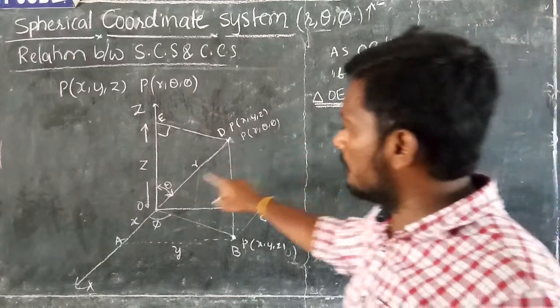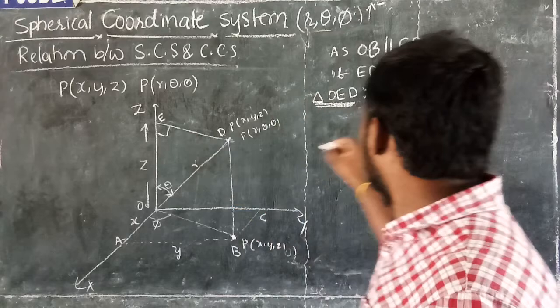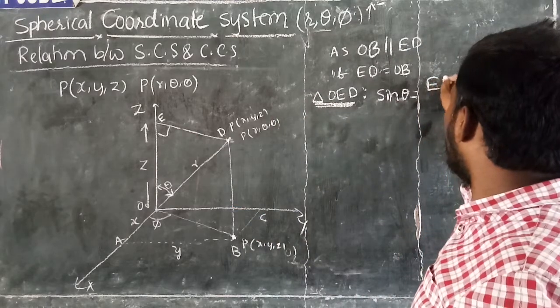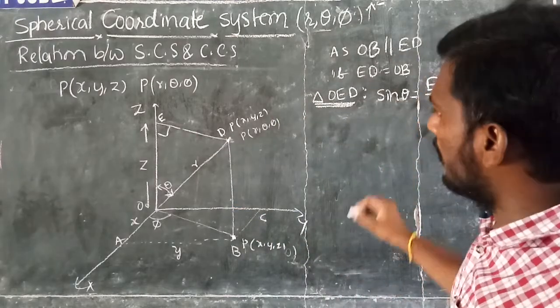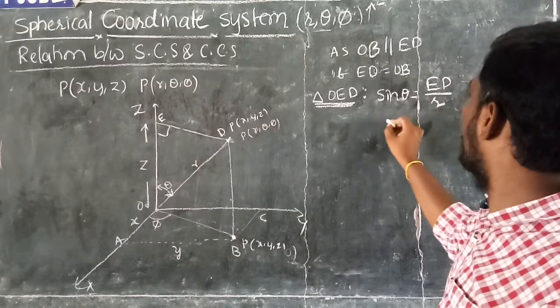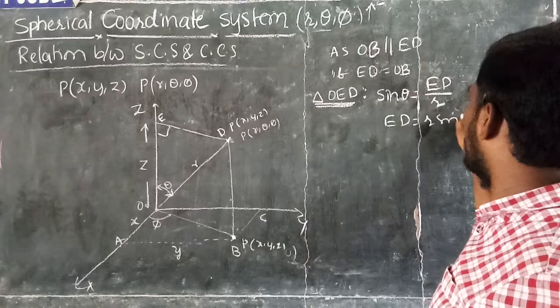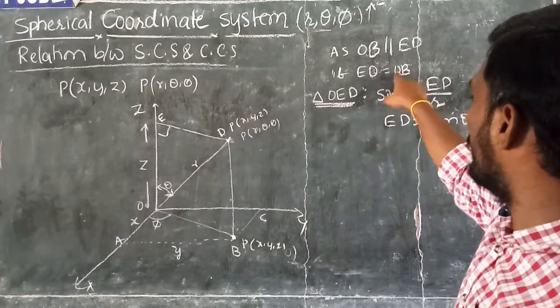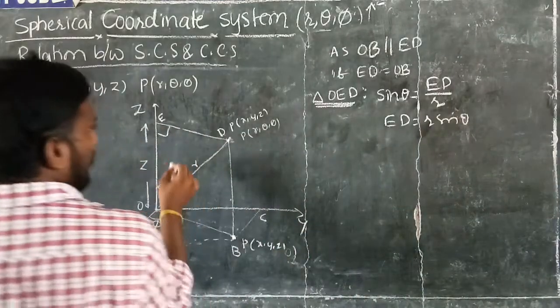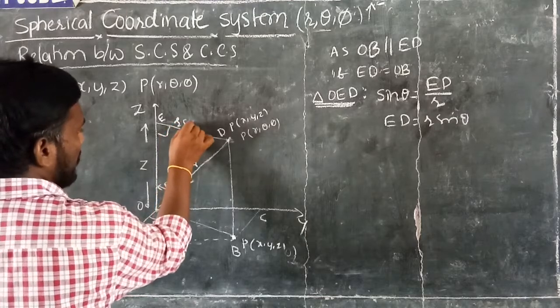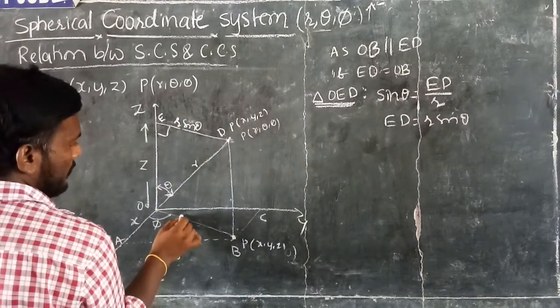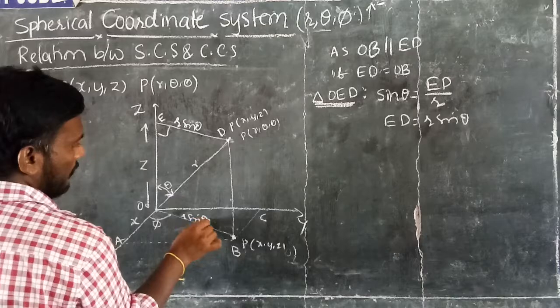Sine theta is equal to, for this theta, the opposite side ED by the hypotenuse r, OD. So ED is equal to r sin theta. As ED is equal to OB, this length OB is also r sin theta.